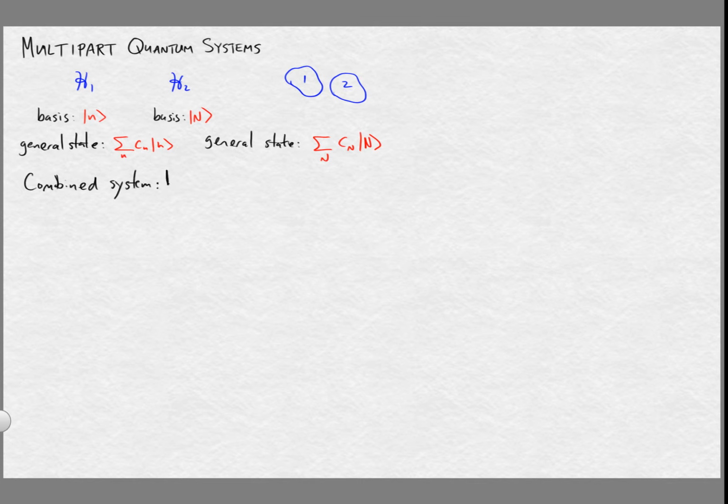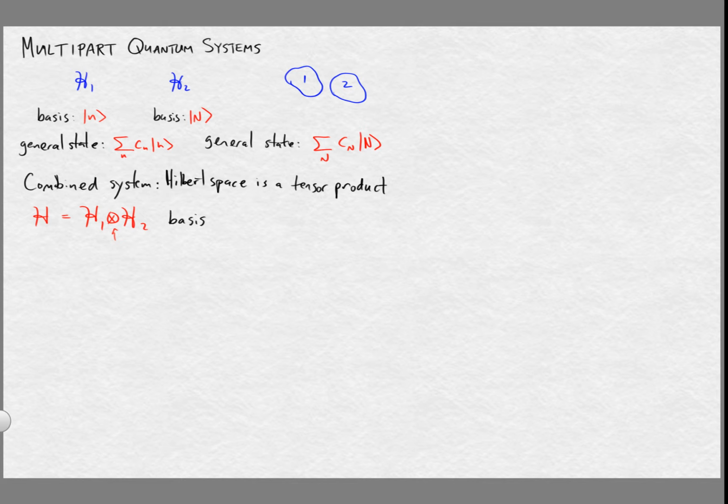Okay, so the Hilbert space is a tensor product, and that sounds fancy. And there's actually a fancy notation that we use to describe that Hilbert space, and that is this fancy multiplication symbol. But it's actually very simple to describe what this Hilbert space is.